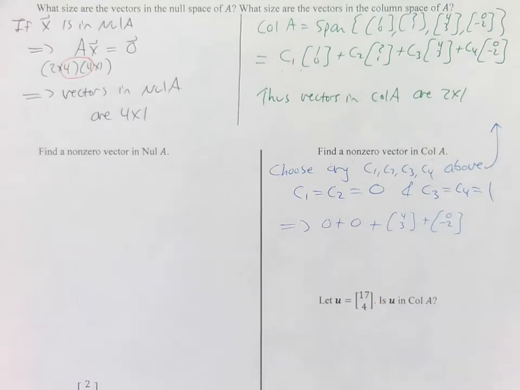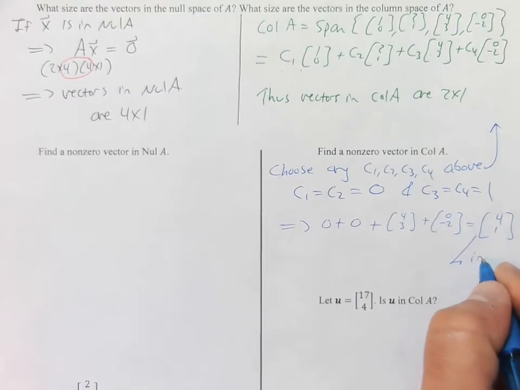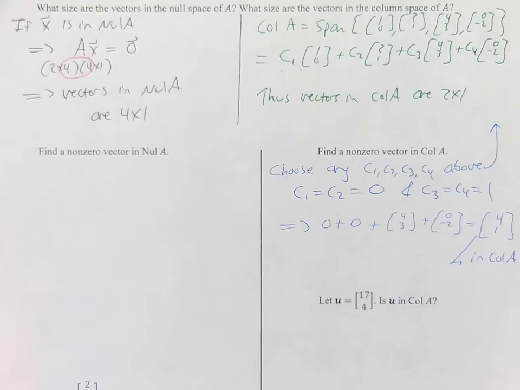And so we just add those two things together, and we would get 4, 1. And so this vector is in the column space because it's some linear combination of the columns. So if you want to find a vector in the column space, very easy. Just add together some combination of the columns.